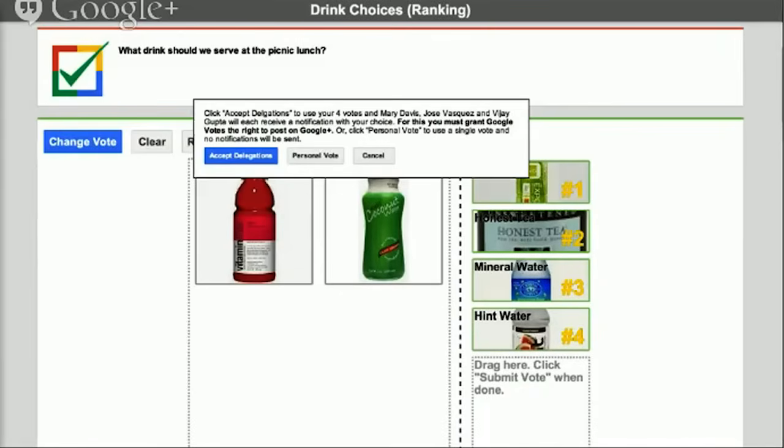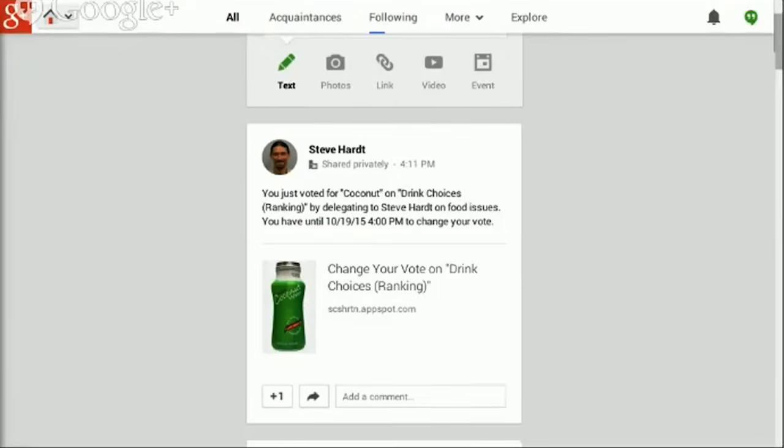We got a few cute memes about that one. So we restricted it so that we only ask you for OAuth permissions at this point. Up until now, people can vote, be regular voters, do everything until they click accept delegations on an issue, at which point we trigger the OAuth flow and ask for permission to post on Google+. So here's a notification I sent.